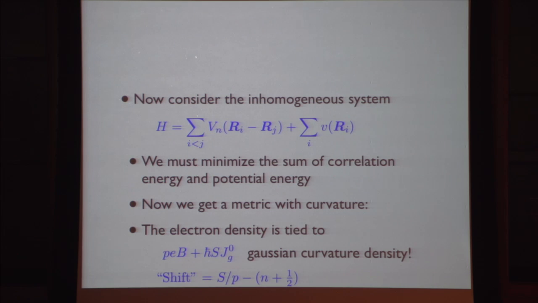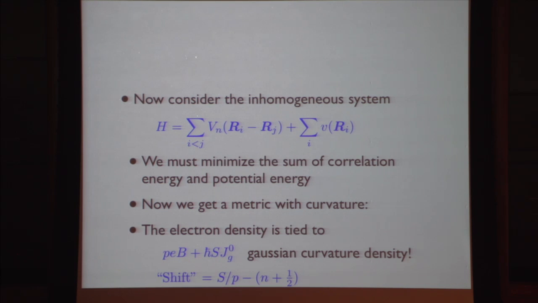It'll be one value, but if I have to minimize the interaction, the correlation energy, plus a one-body term, a local potential, then I can borrow some of the correlation energy to make this guy happier, which I do by piling some electrons up. So I can do a bit of Gaussian curvature locally to pile it up.